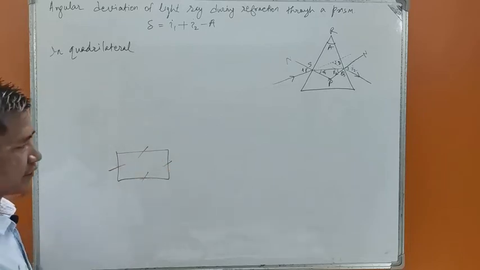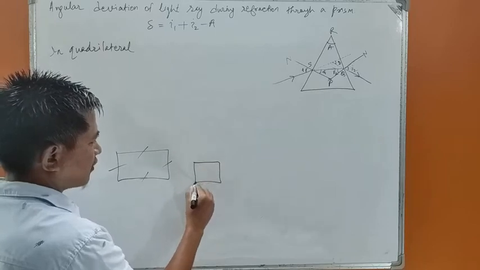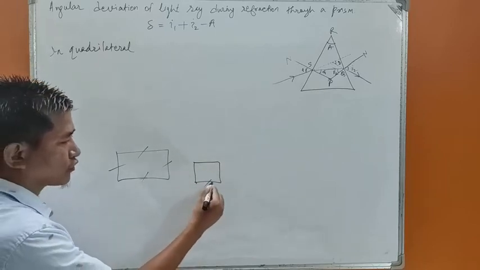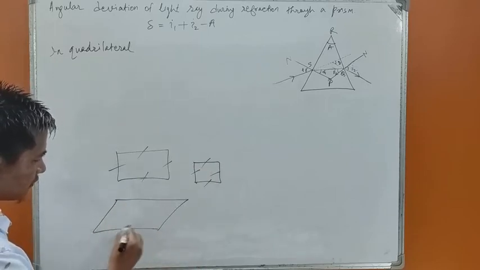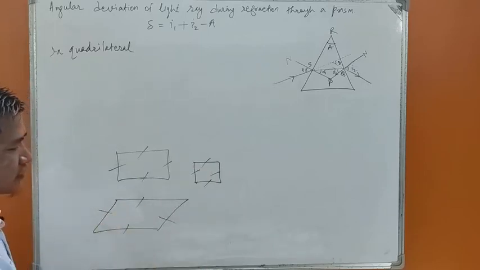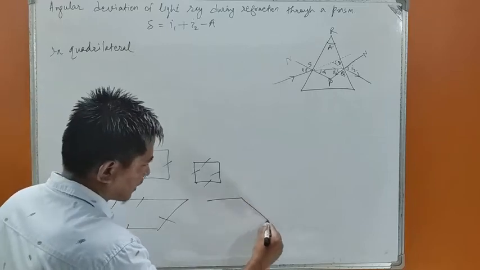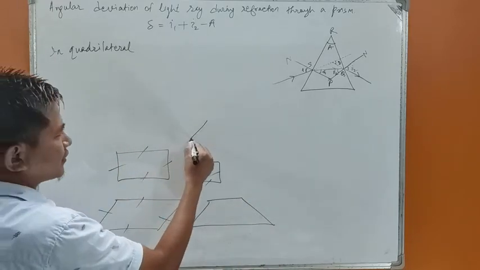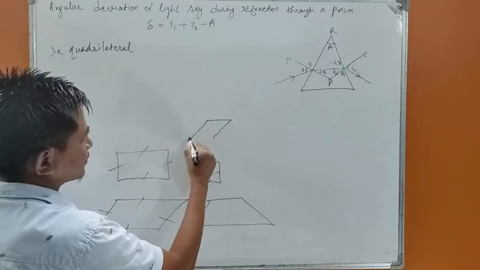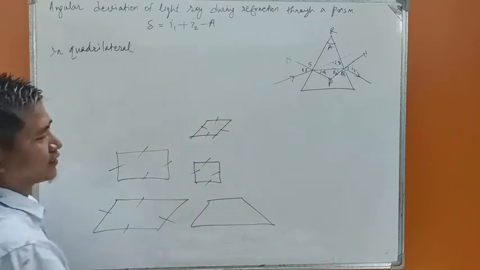This is a square, it also has 4 sides. This is a parallelogram, this also has 4 sides. This is a trapezium, this has 4 sides. Similarly, this is a rhombus, which also has 4 sides.